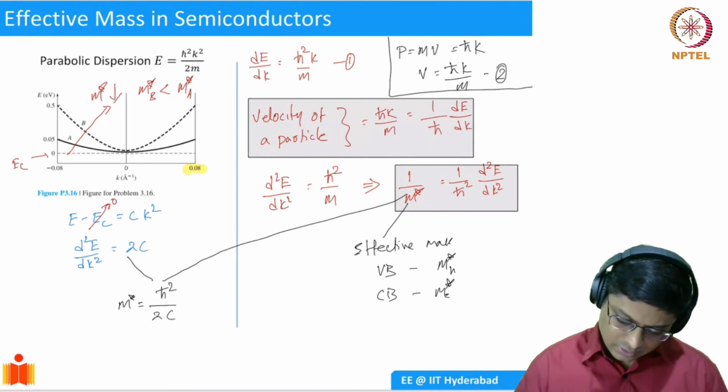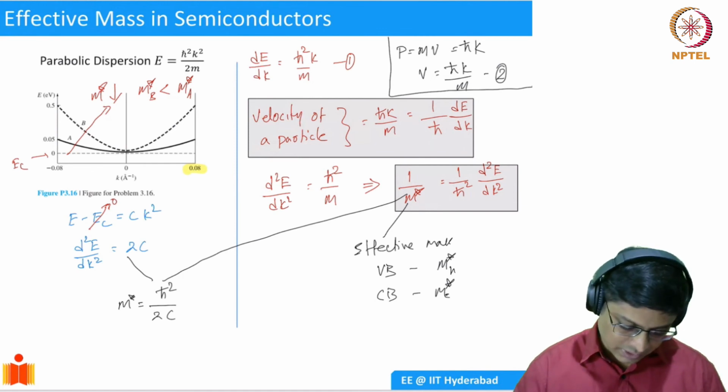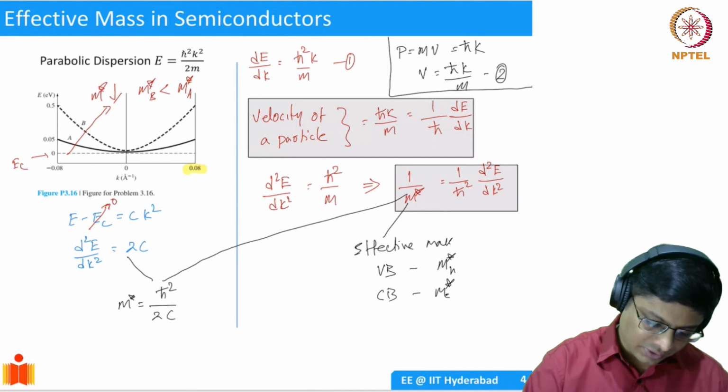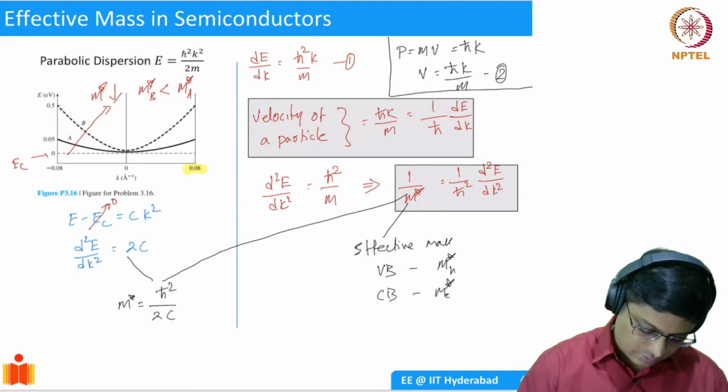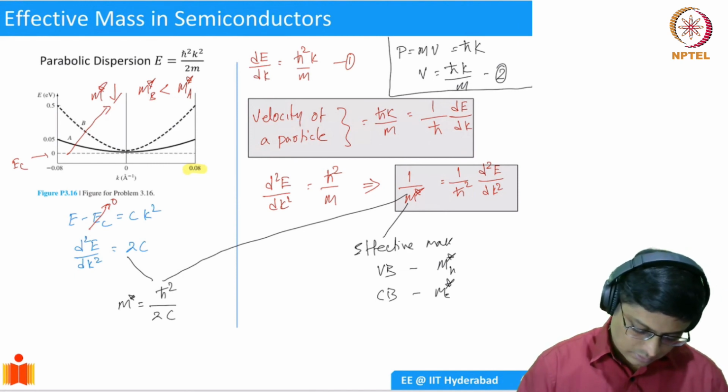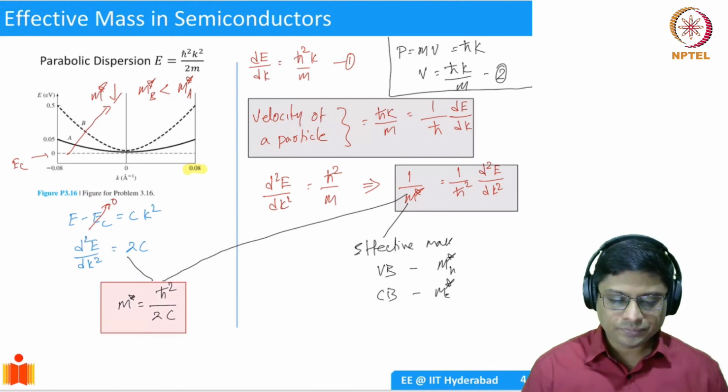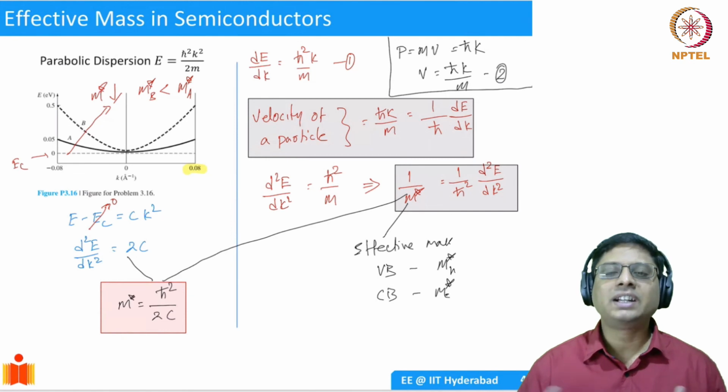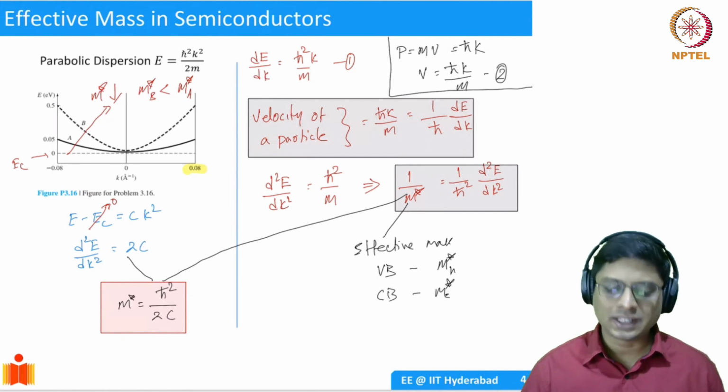Well, m star is h cross square by d square E by dk square. This is the relation, right? So given any dispersion, we can calculate the effective mass.